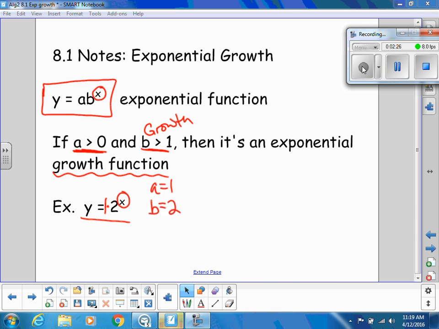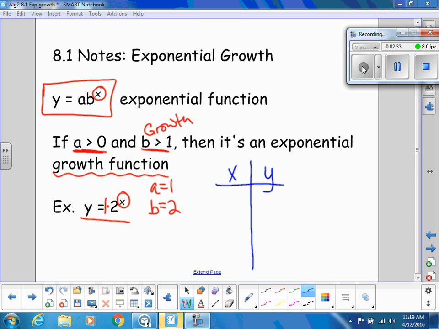So let's just do a quick t-chart, kind of like what I did to remind you from Algebra 1. Let's plug in some negative numbers and some positive numbers and see what happens. If I plug in y equals 2 to the negative 2 power, you're going to get 1/4 or 0.25.